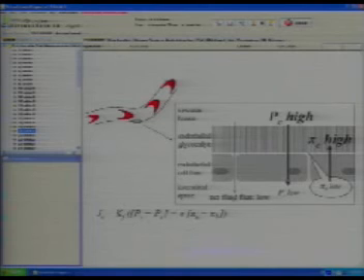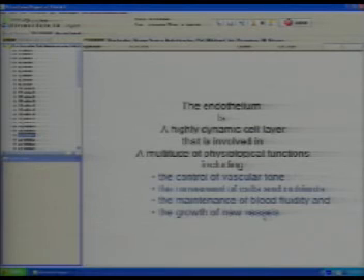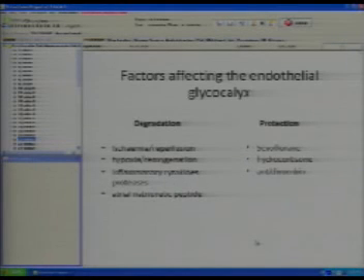The layer of the capillary wall acts as a barrier. The endothelium is a highly dynamic cell layer involved in a multitude of physiological functions, including control of vascular tone, the movement of cells and nutrients, maintenance of blood fluidity, and growth of new vessels. They are affected by ischemia, reperfusion, hypoxia, reoxygenation, inflammatory cytokines, proteases, arterial nutrients, and peptides.